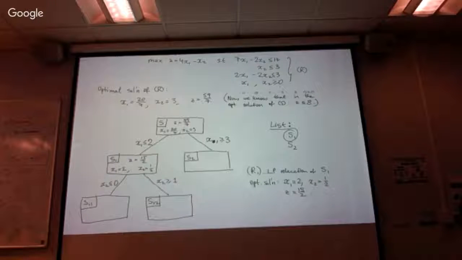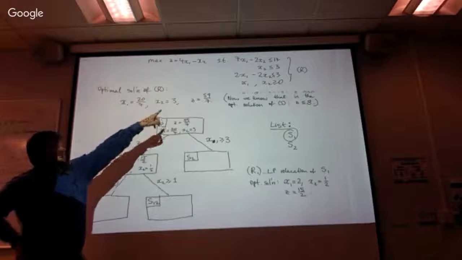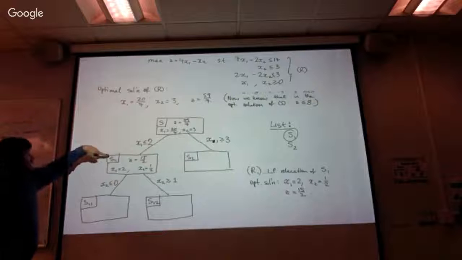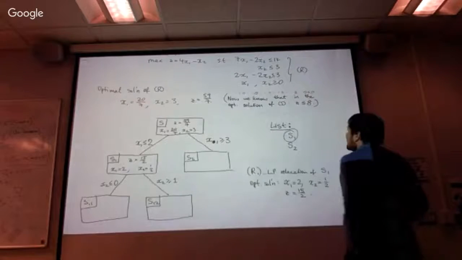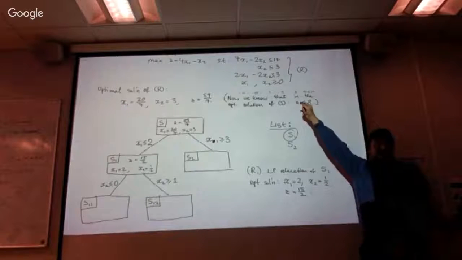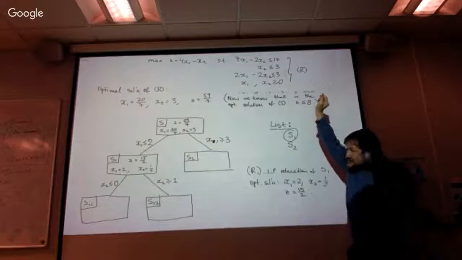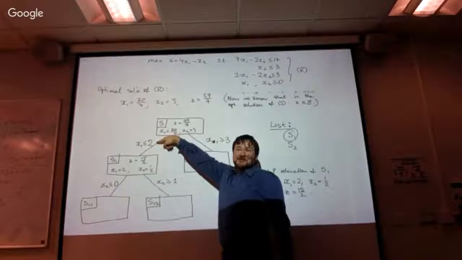Okay, so every time we solve the relaxation of S, you just took away the integrality. Maybe I didn't say quite clearly what this particular problem is. You've got all those constraints up there, and in addition, you have this constraint that x1 is less than or equal to 2.